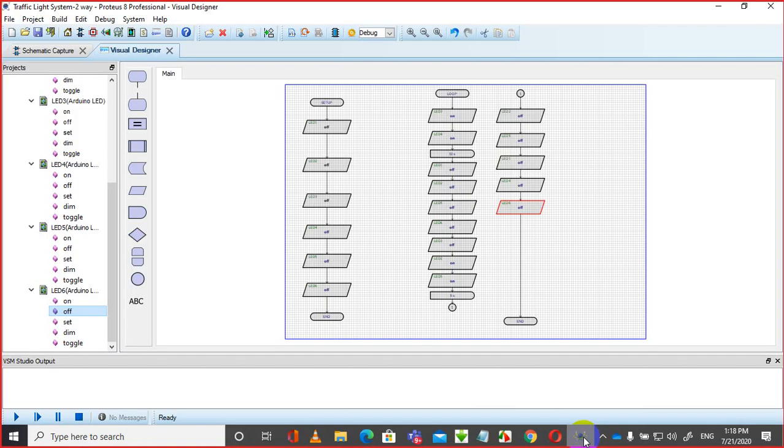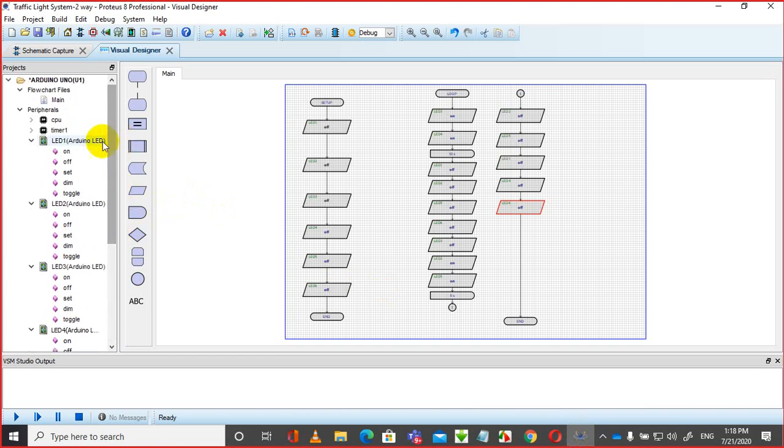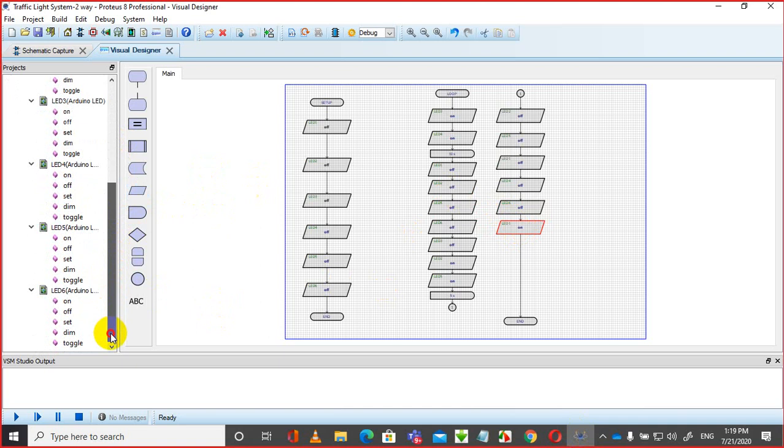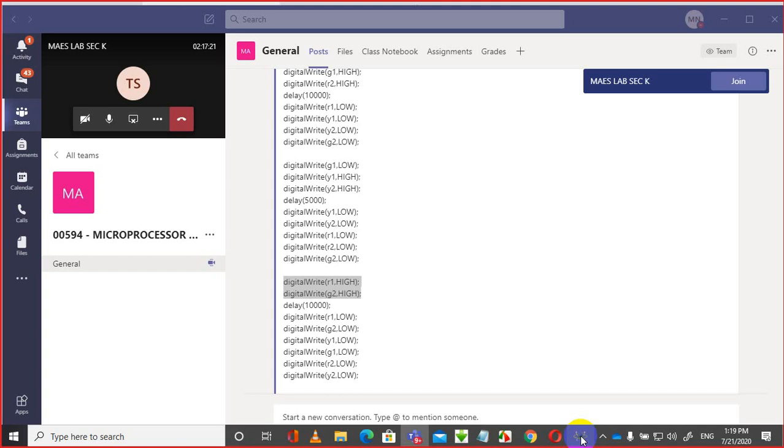Red light of lane 1, that means LED number 1, make it high, and the green light of lane number 2, that means LED number 6, make it high. So these two steps are done.